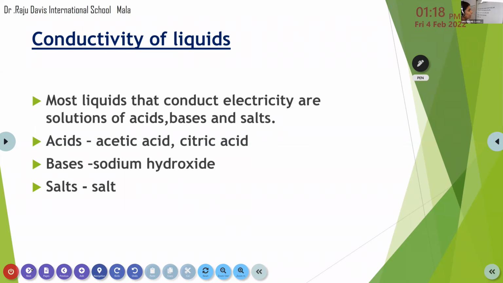Dev Narayan, say any one liquid. Water. Other than water, any other liquid? Petrol. Then Kiran Raj, say any liquid. Kerosene. Then Afrin, say any liquid. Alcohol.